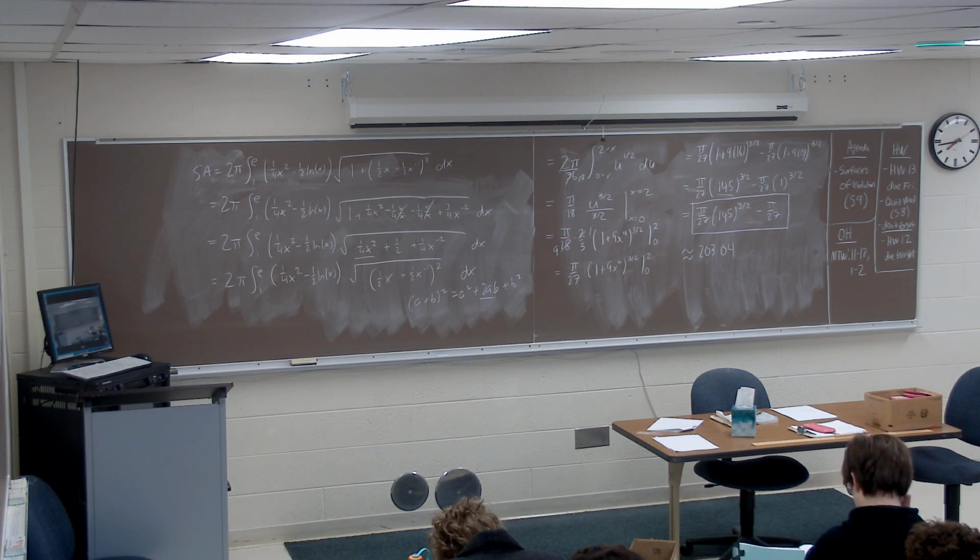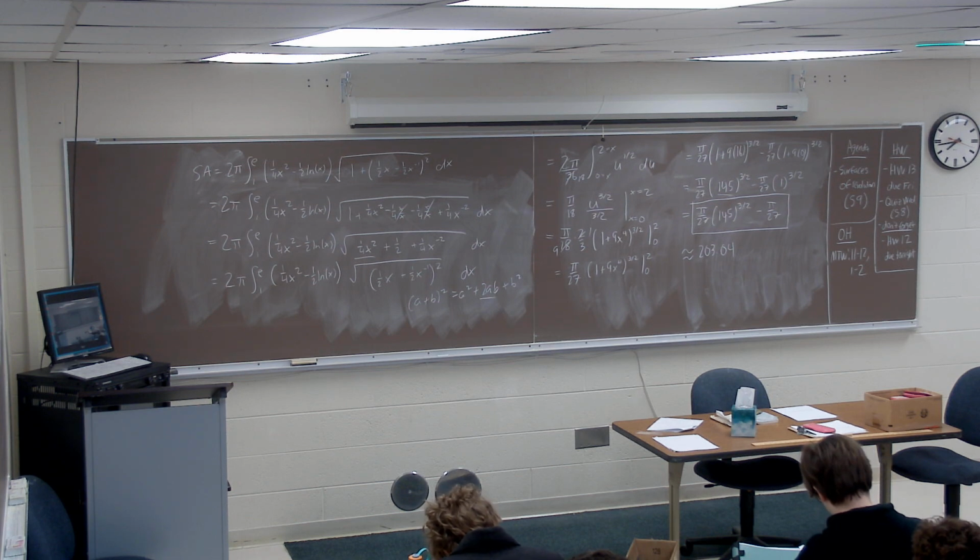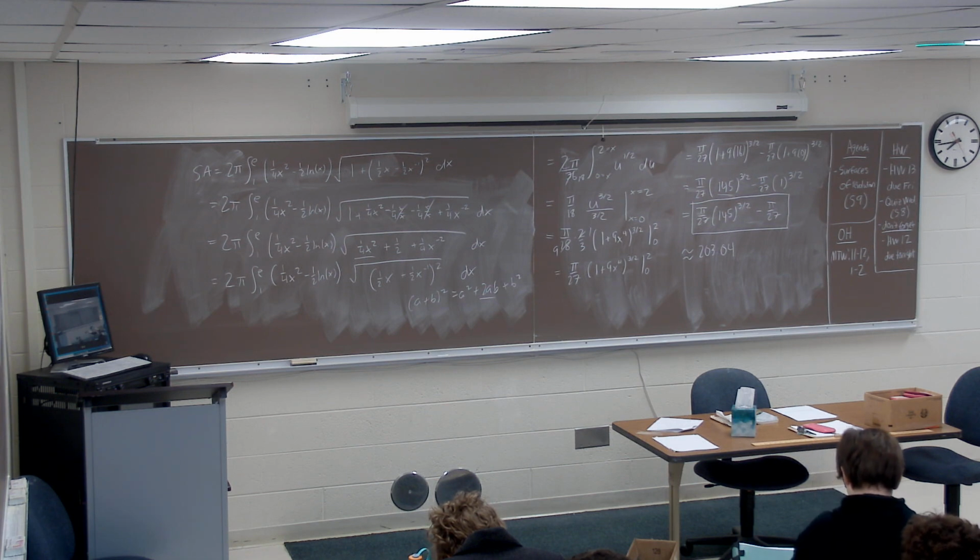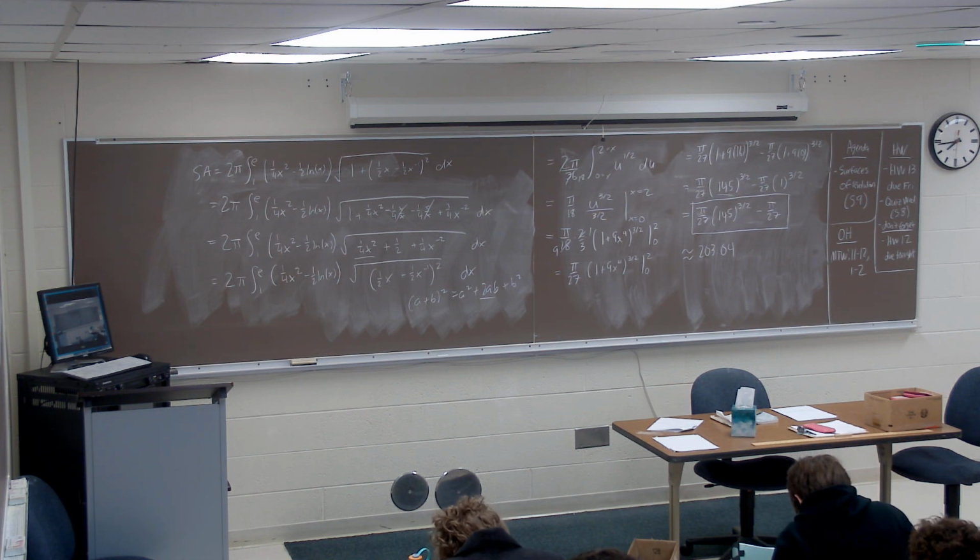You're taking the square root of things squared. How does the square root and squaring interact with each other? Yeah, so I would cancel out this square root and this squaring right here. So you're left with 1/4 x squared minus 1/2 natural log of x times 1/2 x plus 1/2 x to negative 1.